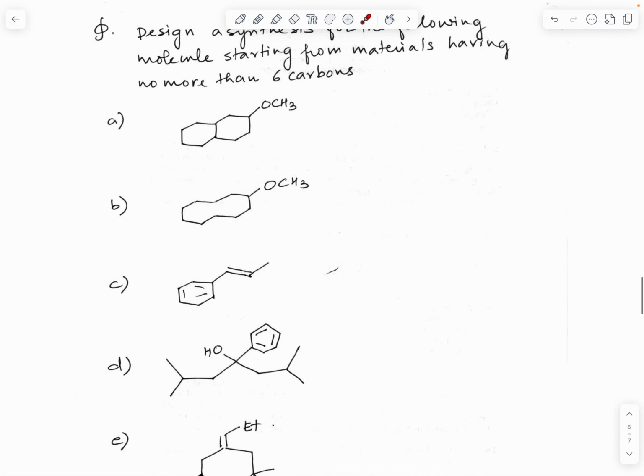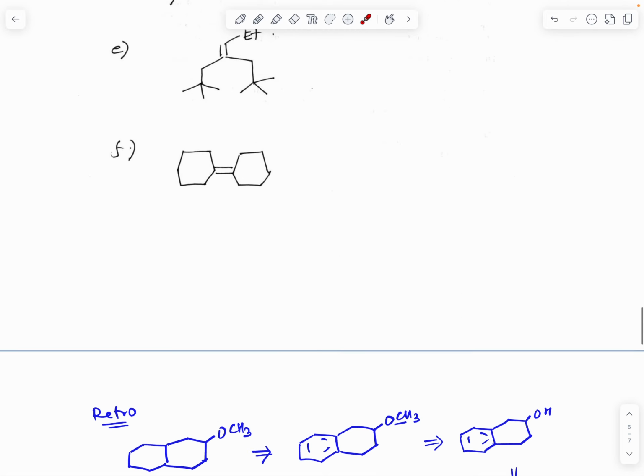The next compound on this list, if I look at B out here, B looks very similar to A, except for that little bond missing. So maybe we can take the synthesis of A a little further to figure out how to remove that bond.